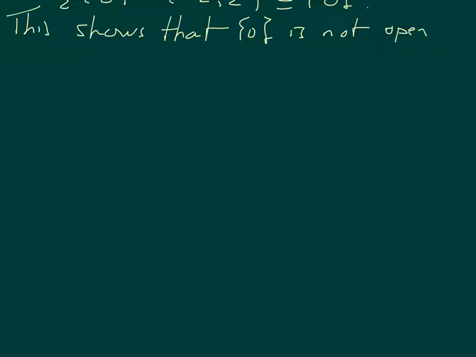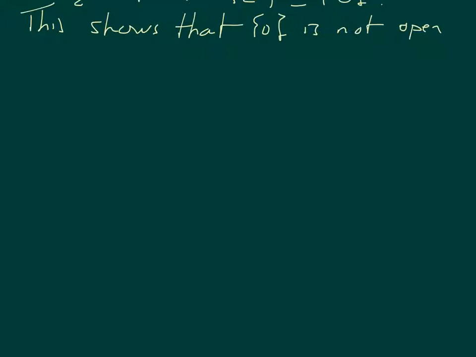Okay, so we claim that the intersection of all these sets (minus 1 over n, 1 over n) is equal to {0}.